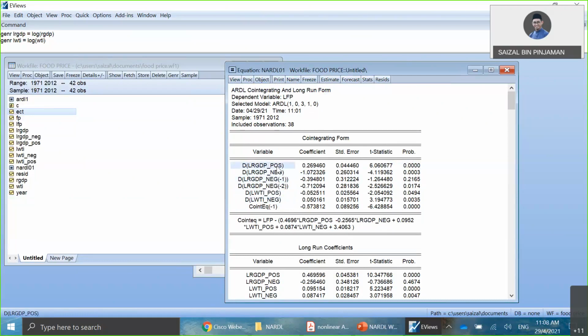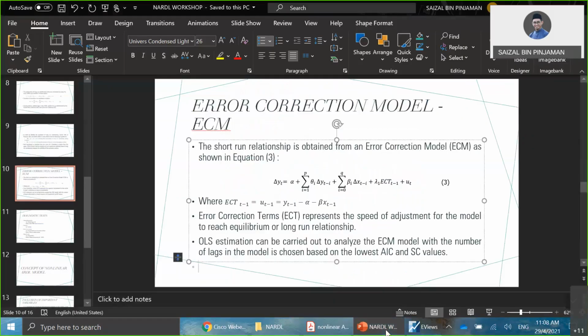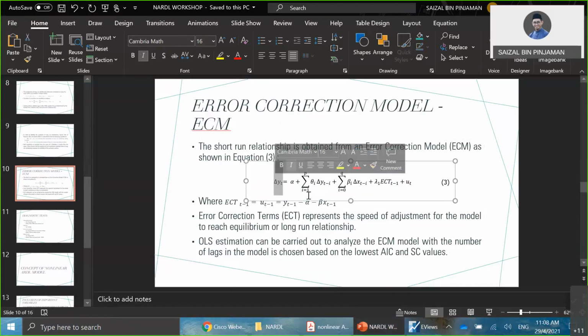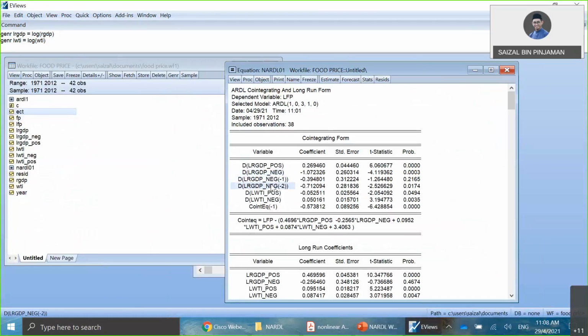It means that these positive and negative values of the GDP need to be in their difference form. Remember that. So that is what this equation here means, for example, this refers to the difference form.